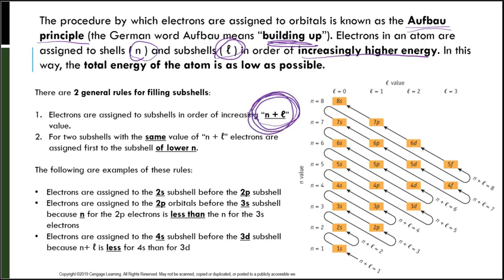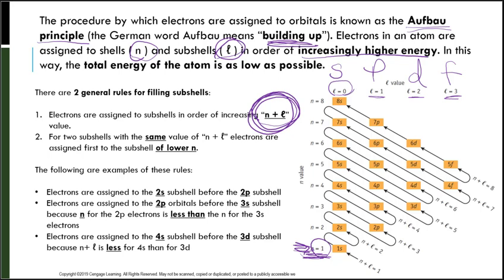What does that mean? I'll show you right here. Energy level 1, and let's say we had our L was 0, which means this is S. L of 1 is P, L of 2 is D, L of 3 is equal to F. So we know in 1, the first row, there's only S's.